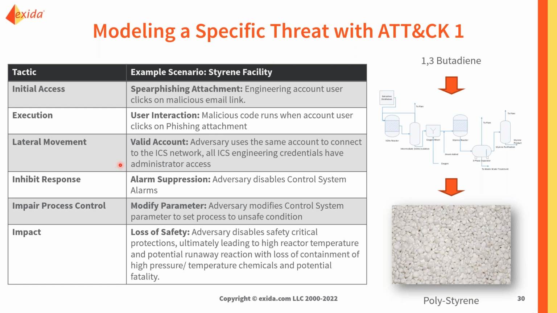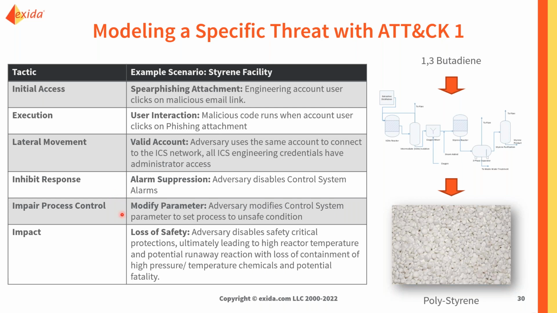If they then use that compromised account to connect not only to the enterprise but to the ICS network, they're going to quickly have access to higher tier credentials, especially if we haven't followed least privilege for our network, where we only have operator accounts and admin accounts, and everyone in engineering has an admin account. From there, they can look to suppress alarms so that the control system doesn't notify operators.